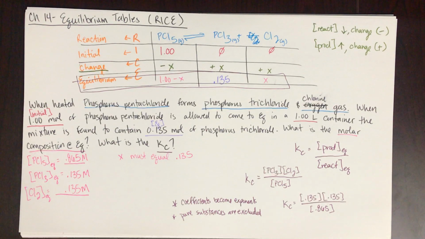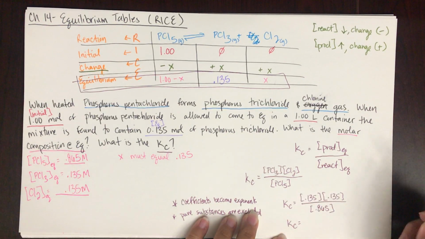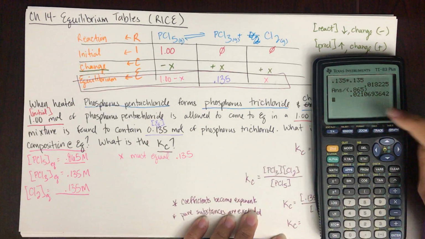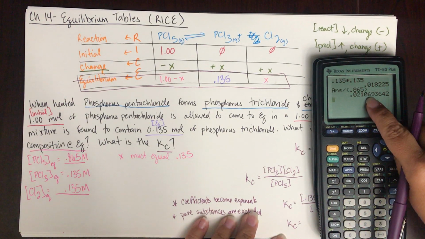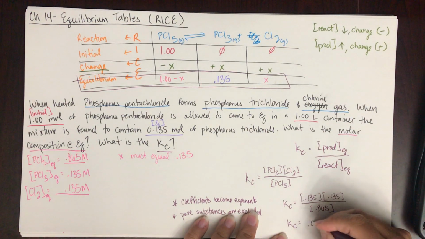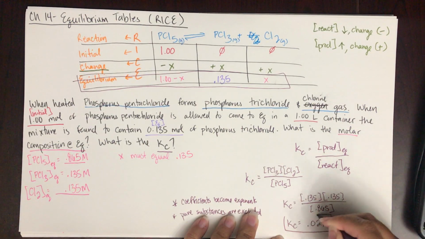Since I'm dealing with multiplication and division, my answer should also have 3 significant figures. So I would say, with correct rounding, 0.0211, because this is 0.0210, and the next number to the right is greater than 5, so I would round that up to a 1. So I would say 0.0211, that is the Kc.